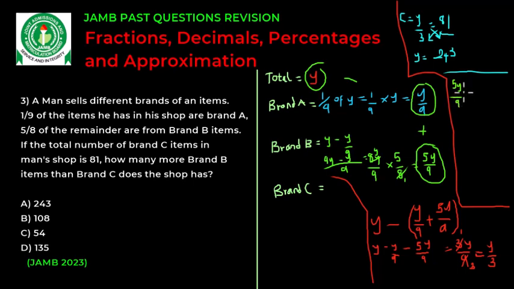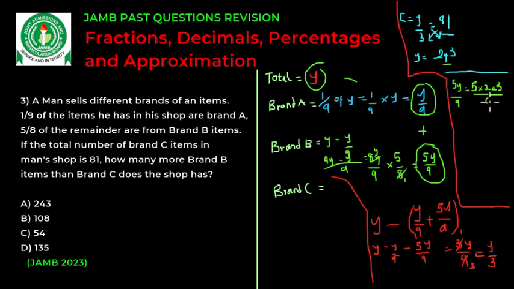Anywhere we see y now, we substitute it with 243. So 5 times 243, all over 9.